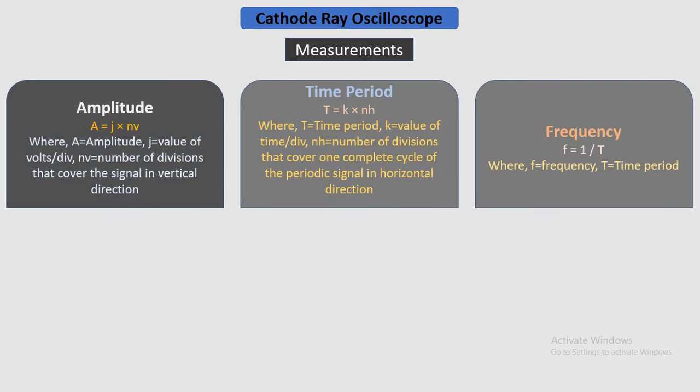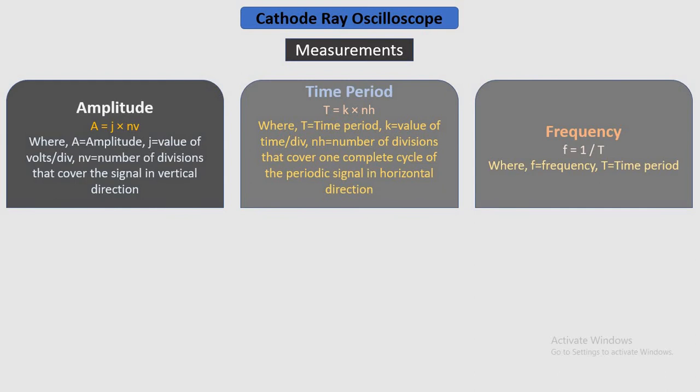Therefore we will get the amplitude of the signal present on the screen of the CRO by using this formula, that is A = J × NV, where A is the amplitude, J is the value of voltage per division, and NV is the number of divisions that cover the signal in the vertical direction.